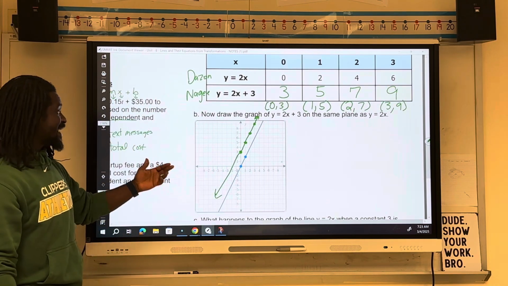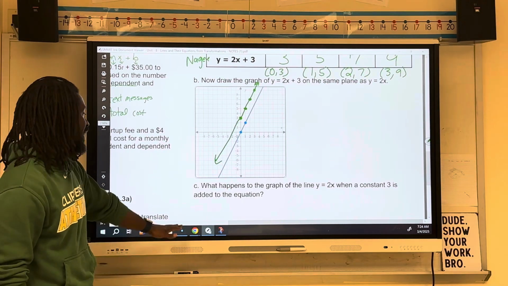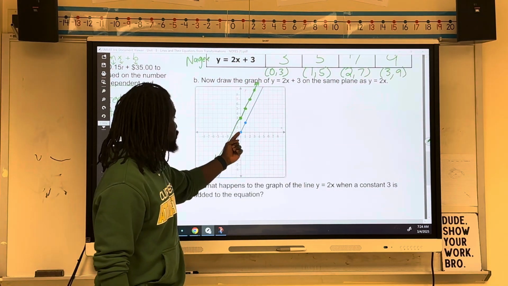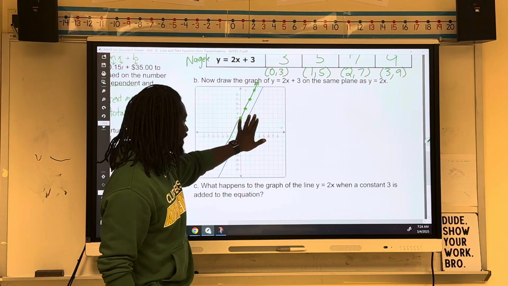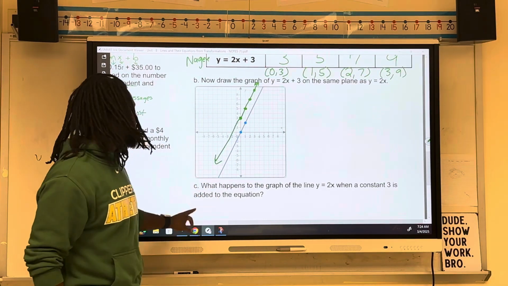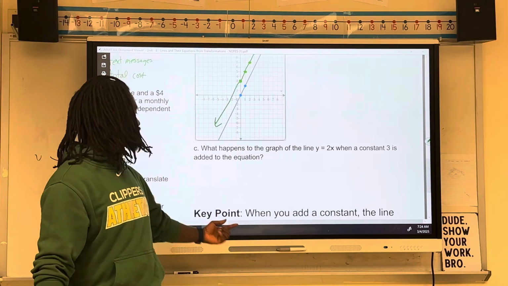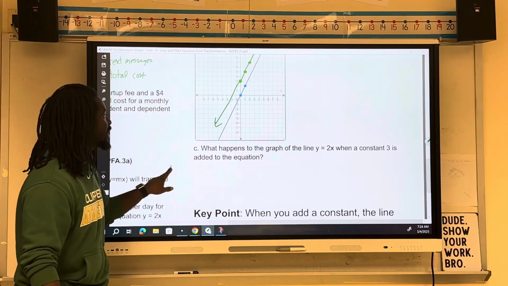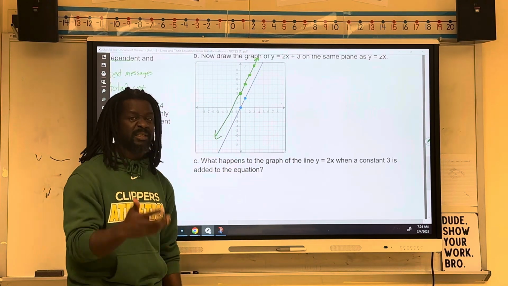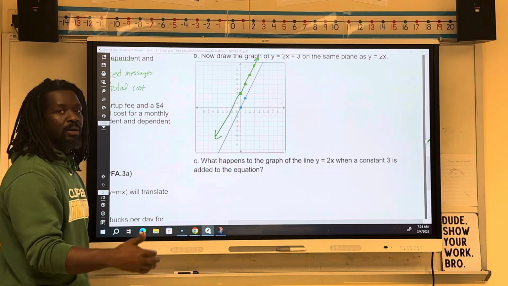All right. And now it simply asks me what happens to the graph of y equals 2x, which was Dazon's, when a constant 3 is added. And here's again, matter of fact, I want you to pause this and tell me, what do you think happened? Okay, it's not rocket science. It's pretty straightforward. What happened to the graph? How would you describe what happened?